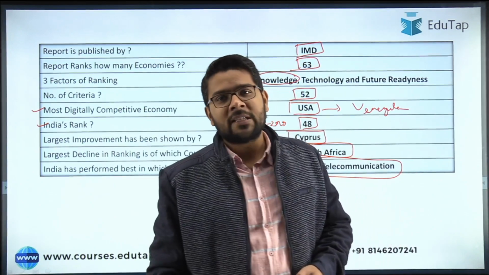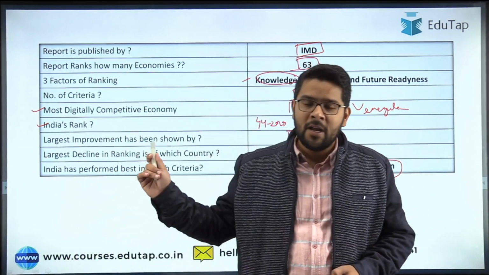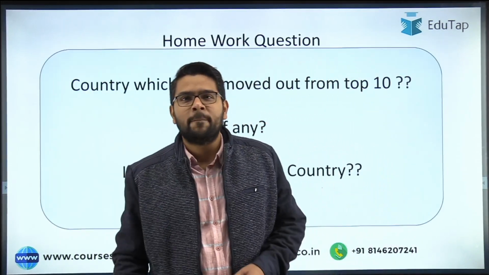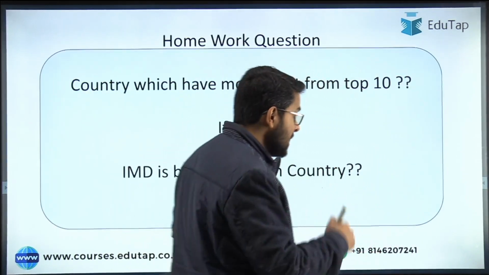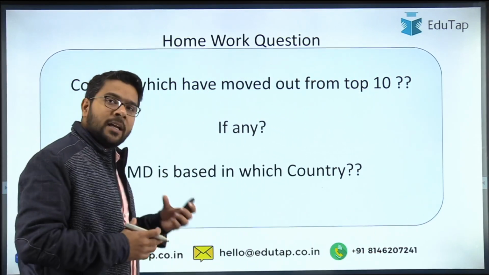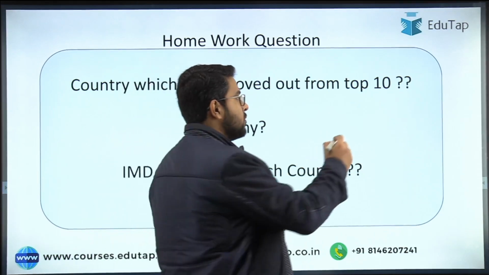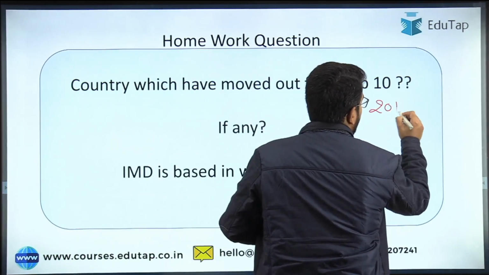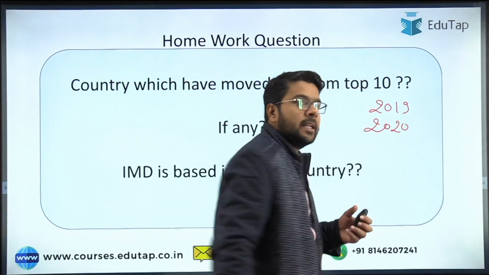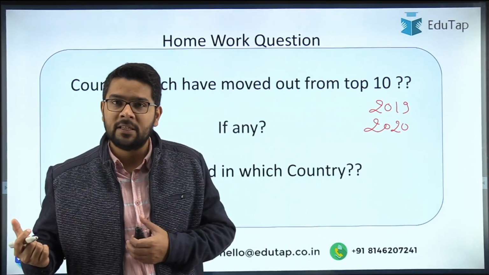So that's all from my side regarding this report. Now there is one more task pending for you, your homework question. Among the top 10 countries, if we compare the data of 2019 and 2020, which of the following countries has moved out of the top 10 places?